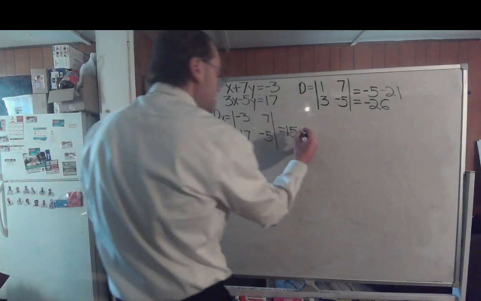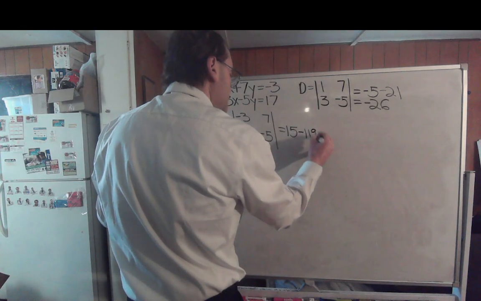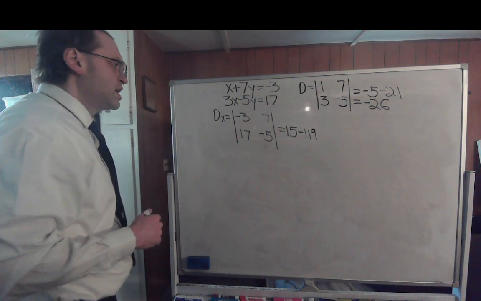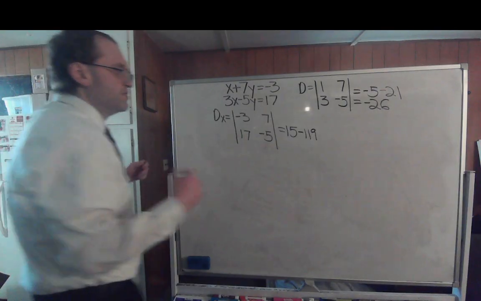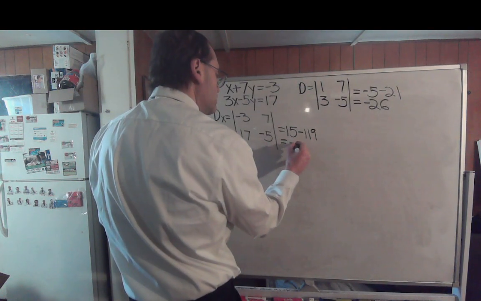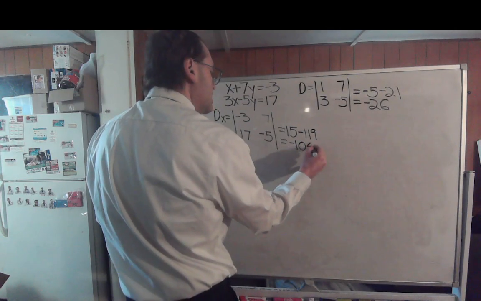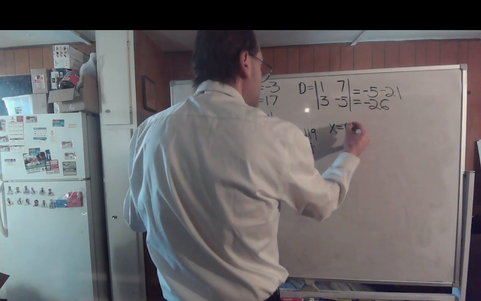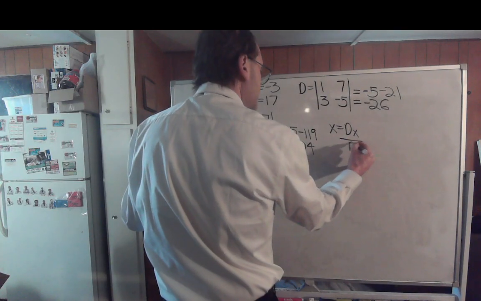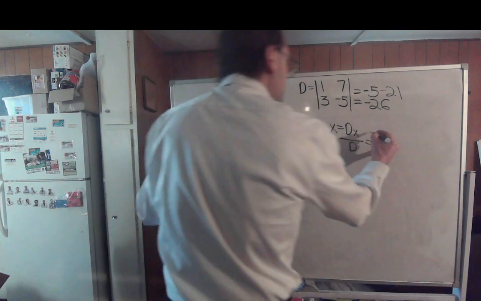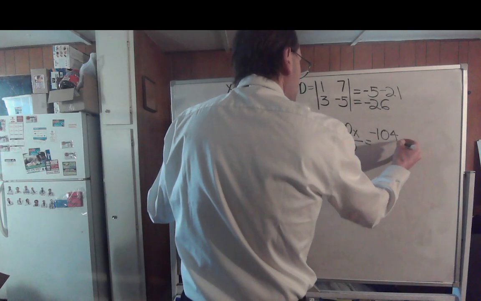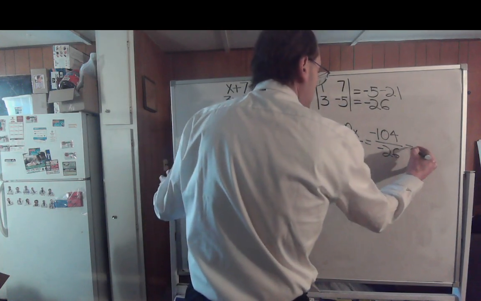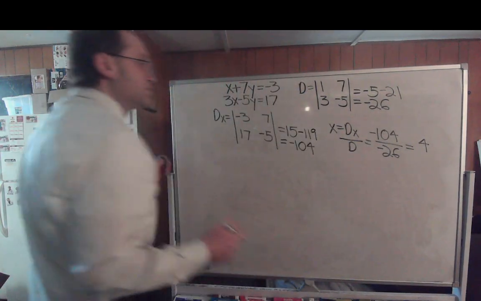So 15 minus 119 should end up being -104. So d sub x is -104, so x will equal that d sub x over the d. D sub x was -104 all over the d, which is -26, which would give you an x value of 4. So x equals 4.